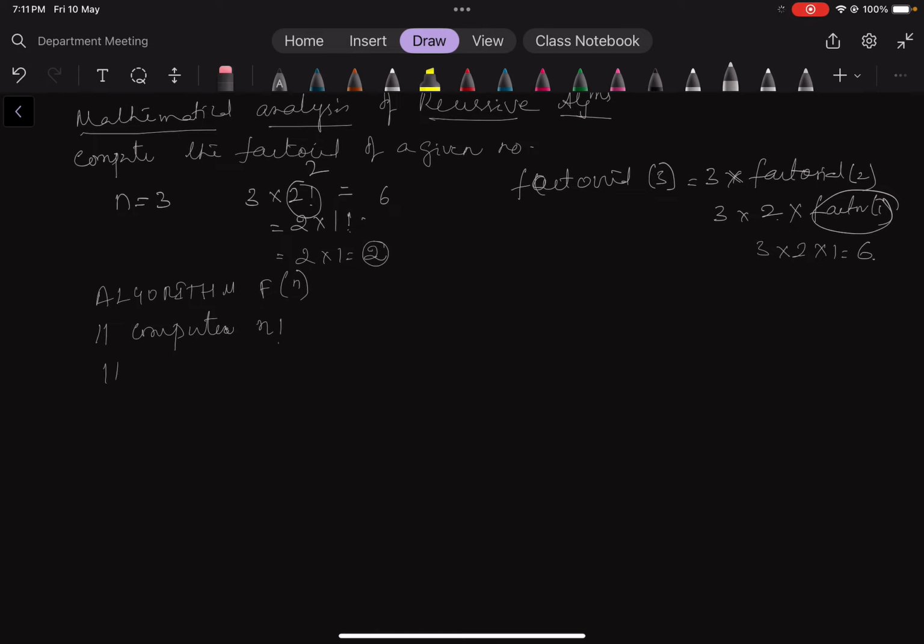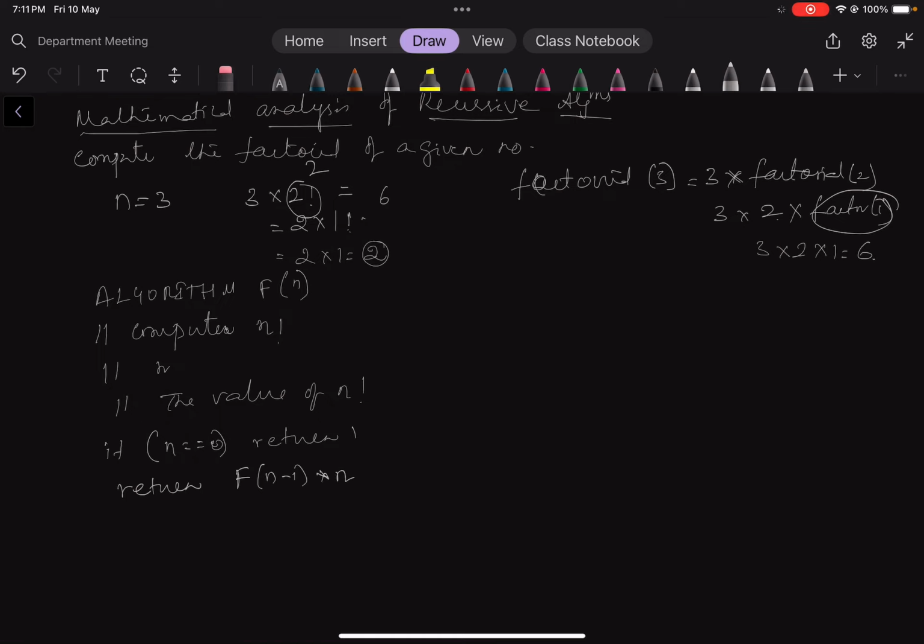The input is n, and the output is the value of n factorial. Then, if n is equal to 0 or 1, we need to return 1. Otherwise, we return f of n minus 1 multiplied by n.